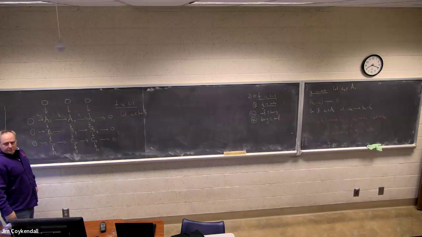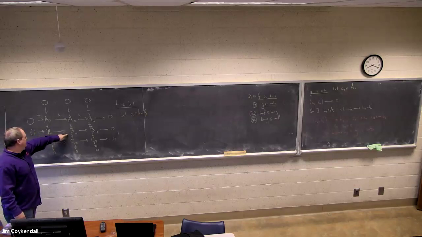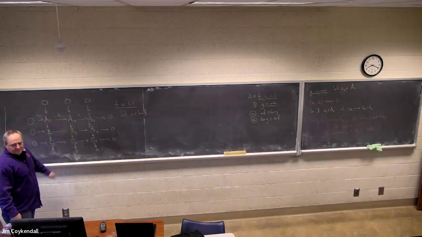The map that goes from A1 to B1 is 1 to 1, right? And the one that goes from B1 to B2 is 1 to 1. So the composition of those two is 1 to 1. But that's equal to the map that goes from A1 to A2.